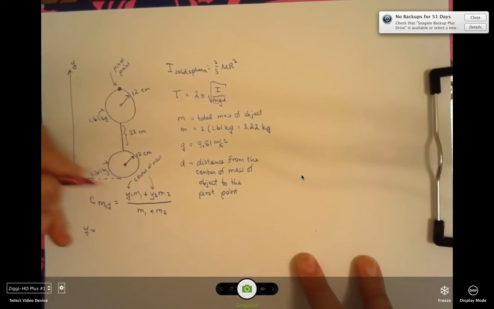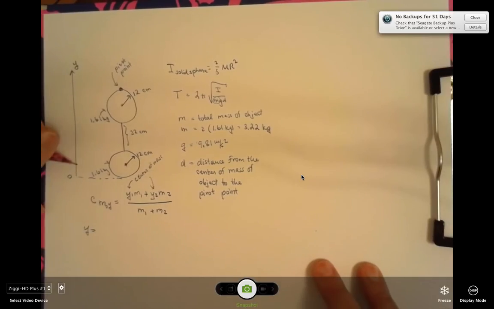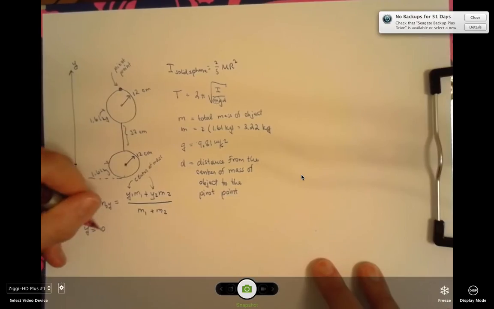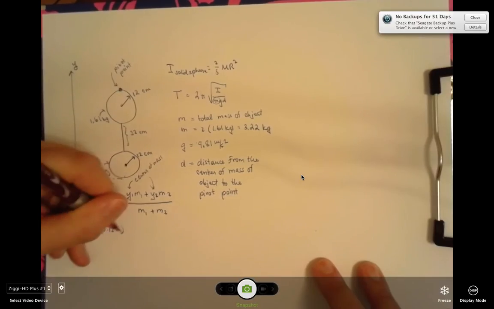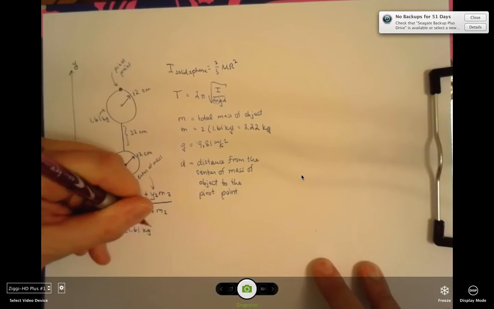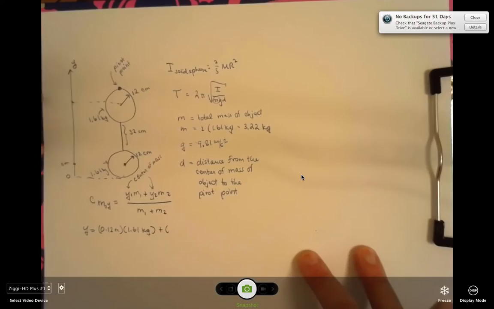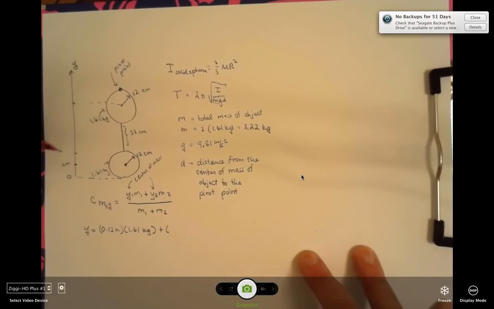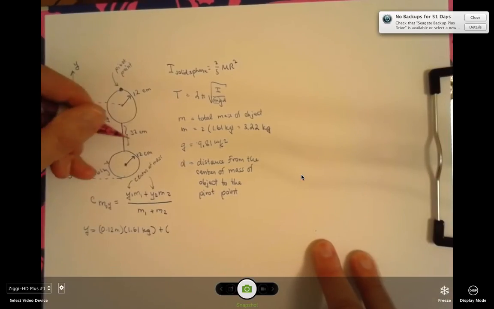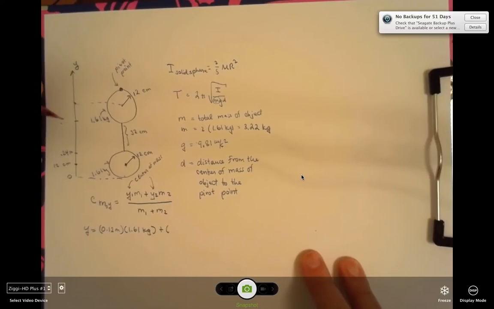Our y-coordinate for this one has a center of mass here at 12 centimeters, 0.12 meters, times its mass, 1.61 kilograms, plus y2, which is here. That is 12 plus 12, so 24 centimeters, 0.24 meters, plus 32 from here, which would be 0.56 meters, plus another 12 up to the center, is 0.68 meters.